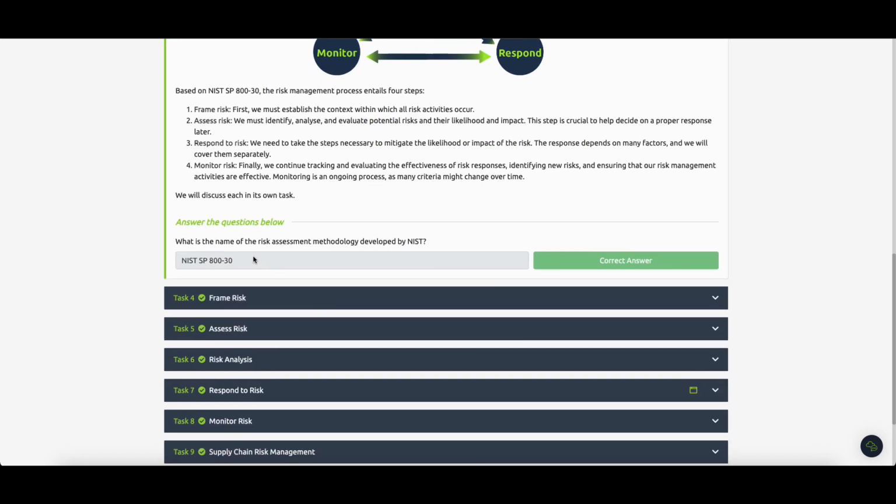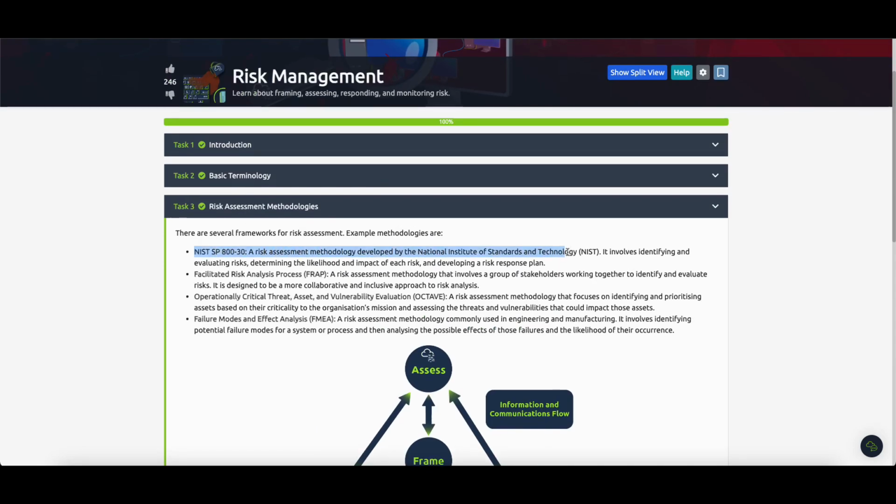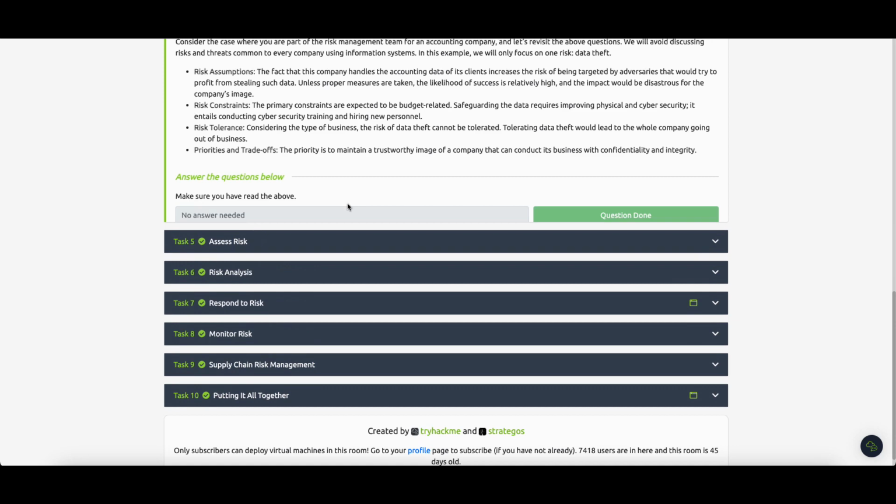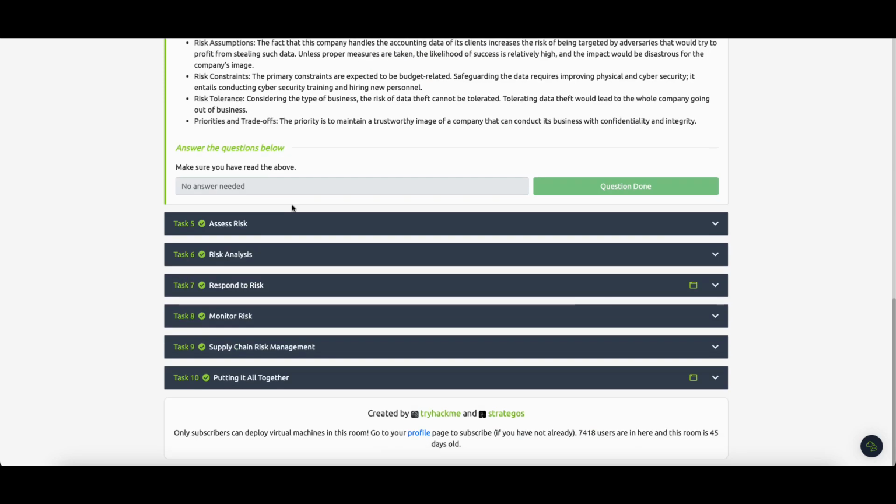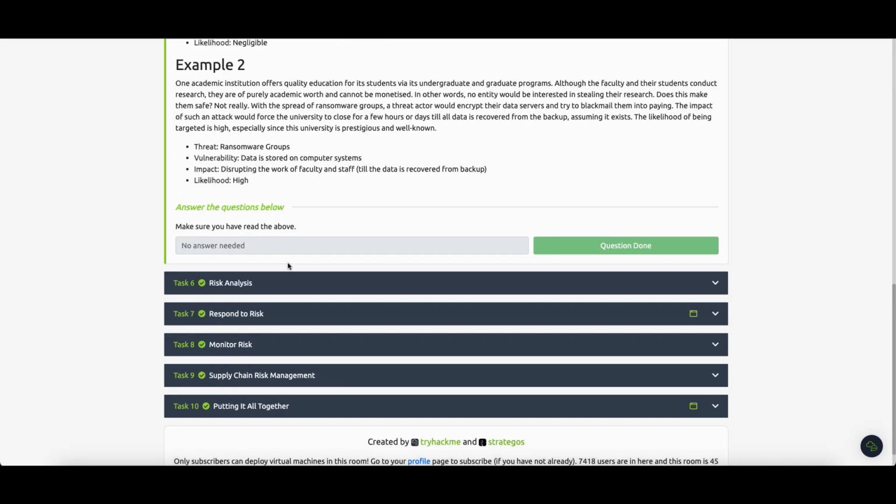In task 3, we have a framework question. Actually, it's a methodology, risk assessment methodology, and the answer is this one. Here you can read. For task 4, we don't need any answer, and also for task 5 and task 6.